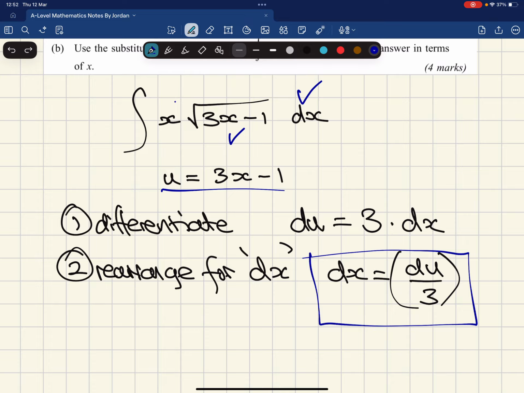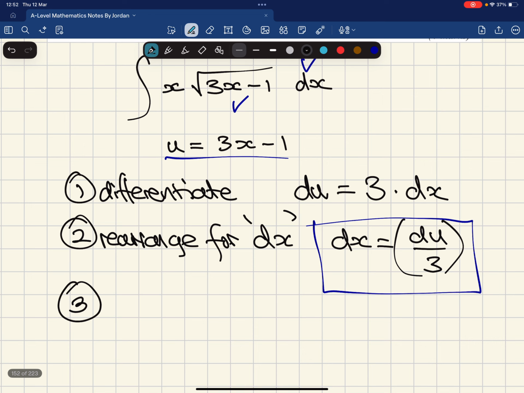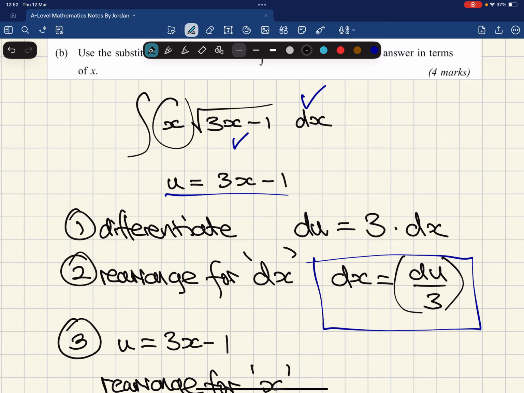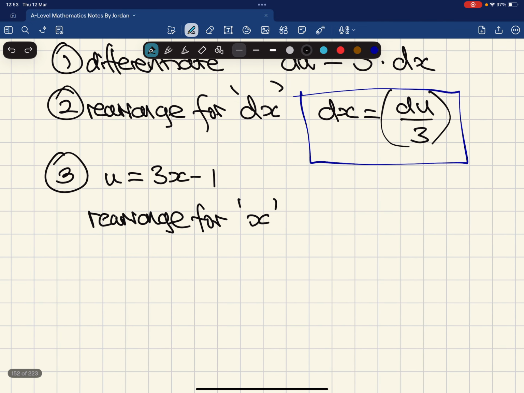So if you need to sort out something here, then you need to go to your u substitution again. So we have u equals 3x minus 1. We need to now rearrange for x, so we have something to put there. Okay, so that would be u plus 1 divided by 3.